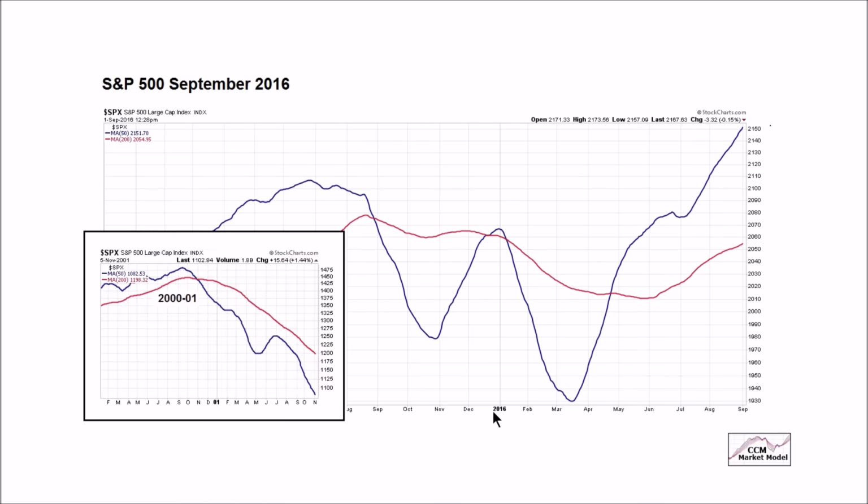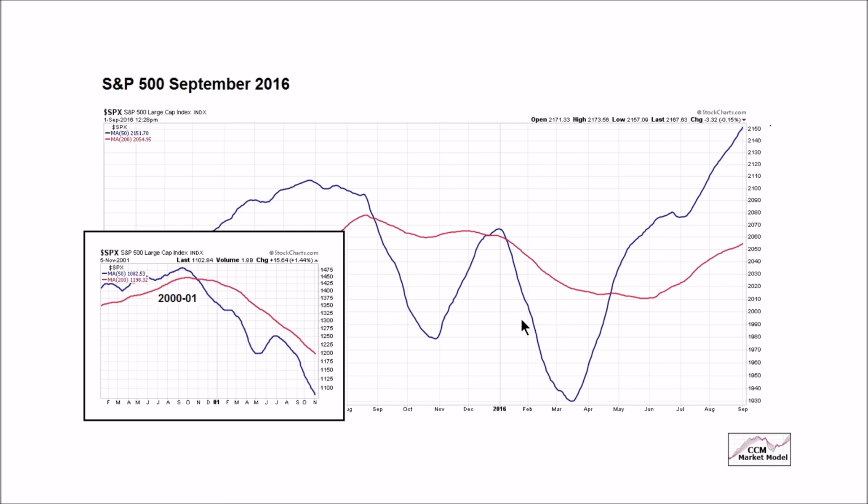S&P 500, this is the early stages of the dot-com bust. Why were we more conservative in here? Well, this here with the 50 below the 200 looks a lot like this period here, telling us that the risk of bad things happening is higher.